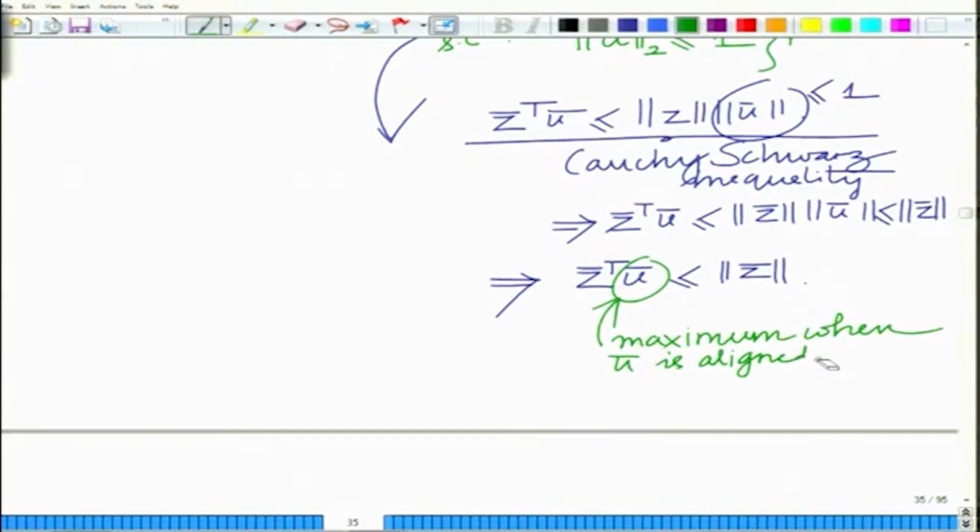U bar is aligned with Z bar and norm U bar equals 1, which implies U bar equals Z bar divided by norm Z bar.